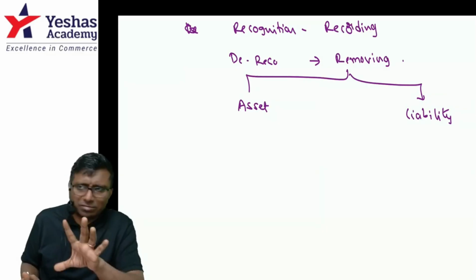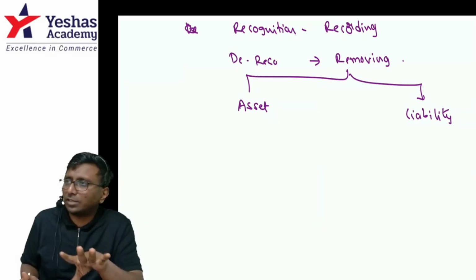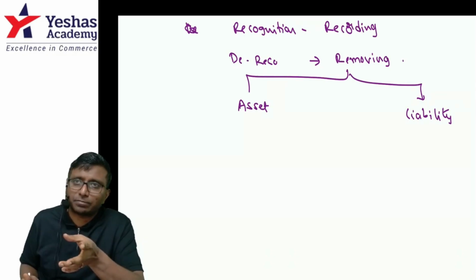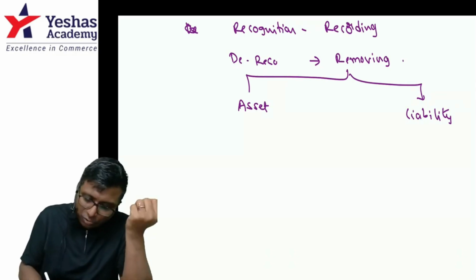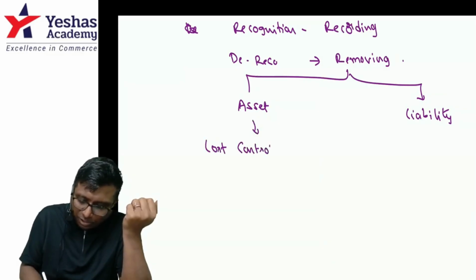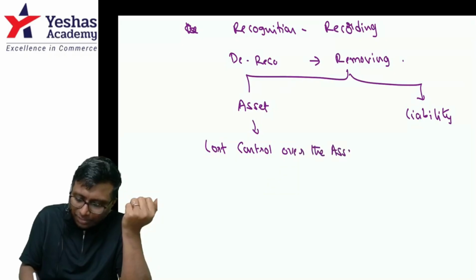Instead of sold, I can say when you lose control over the asset. When we lose control over the asset, or when we expect no future economic benefits inflow, we de-recognize it.